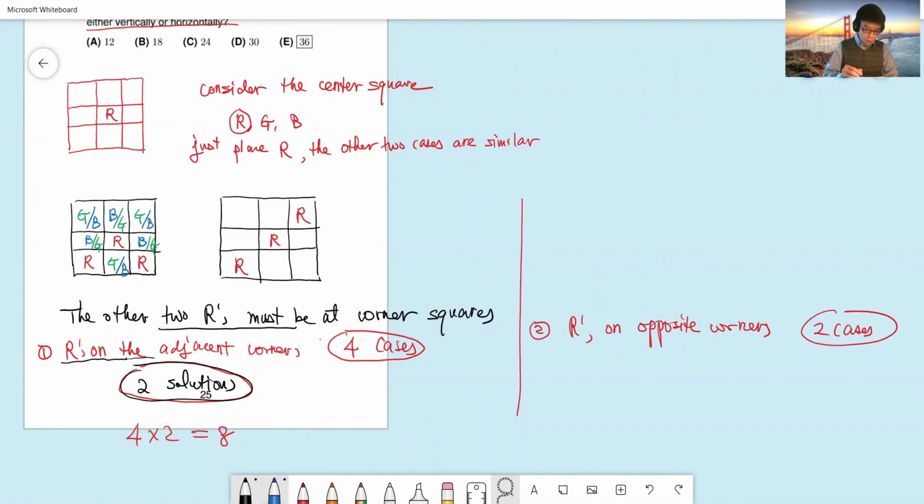Let's check this upper left corner. Suppose this is B. It can be B or it can be G. Suppose it's B. We have another 2 B's must be on the lower right corner. We must make sure we don't have adjacent corners remaining because we need to place G, right? So B must be placed in this way.